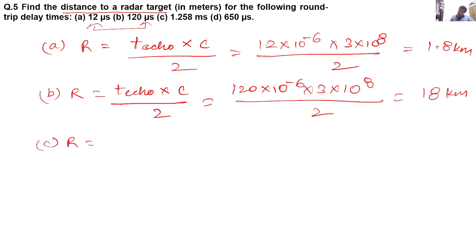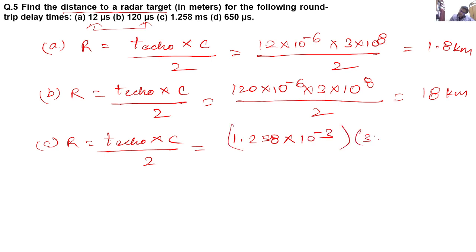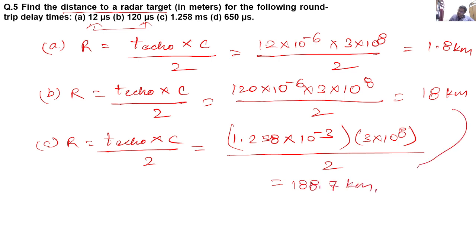The third question, again the same concept. 1.258 milliseconds, so 10 to the power minus 3 into 3 into 10 to the power 8 meter per second by 2, that comes out to be 188.7 kilometer, around 10 times more by the way again.